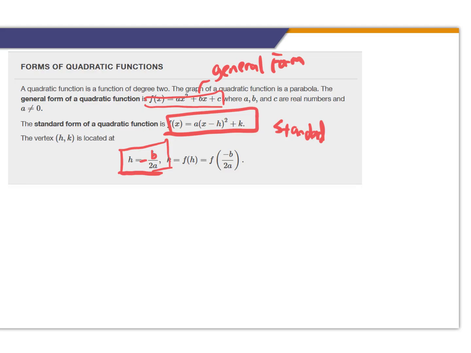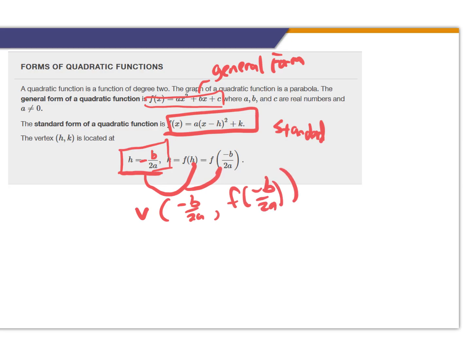And then moving on, if you take this answer and plug it into the function, you get the other piece of the vertex. So as I was telling you before, your vertex is always going to be the opposite of b over 2a. And that means if you plug that in, that gives you f of the opposite of b over 2a.